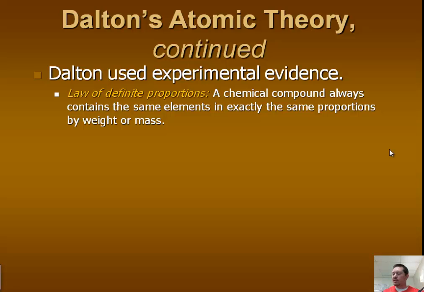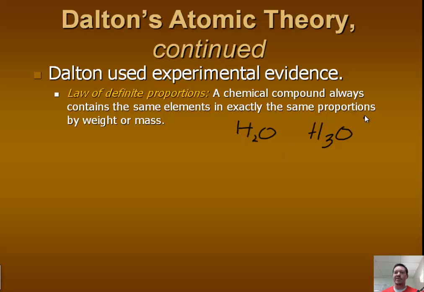So we could say, if we think about the compound water, if we write out the formula for it, H2O, it has a definite proportion. We always have 2 hydrogens to 1 oxygen in order for it to be water. If we were to add a hydrogen, we don't have water here anymore.